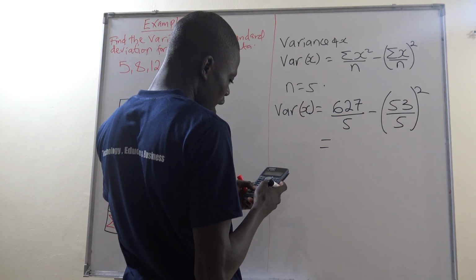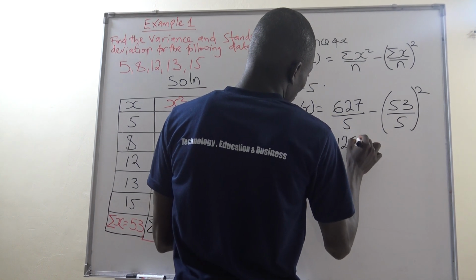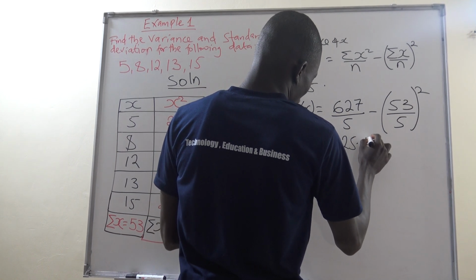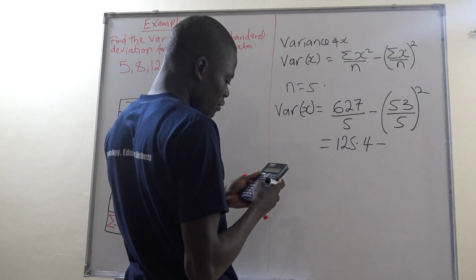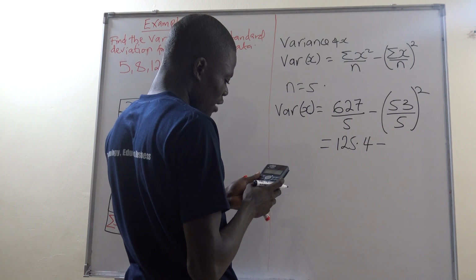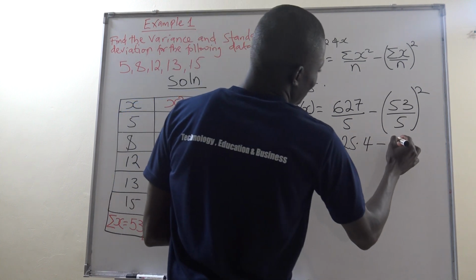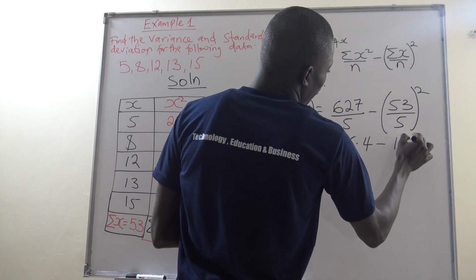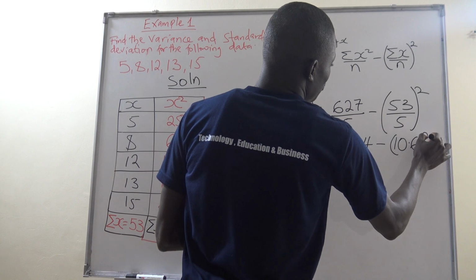627 divided by 5 gives 125.4. Then minus 53 divided by 5, which gives 10.6. But this 10.6 we are squaring it.